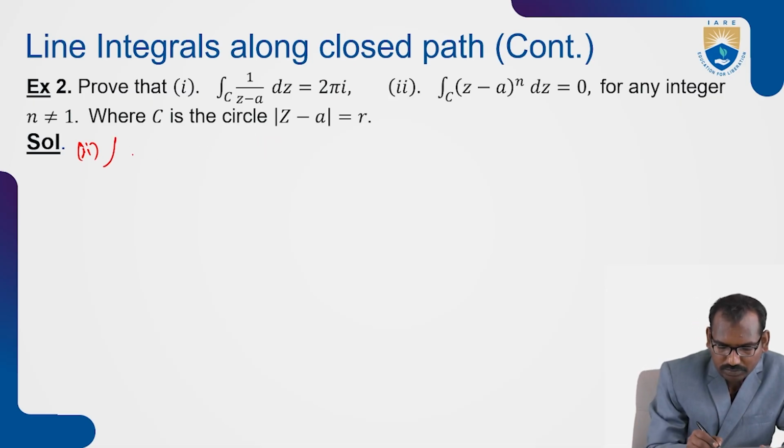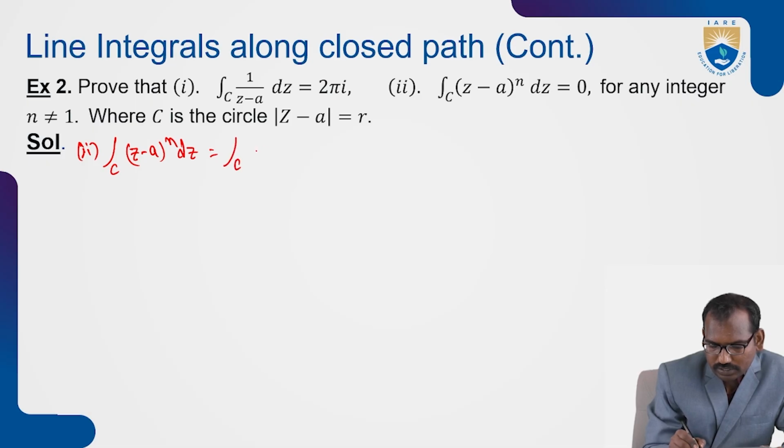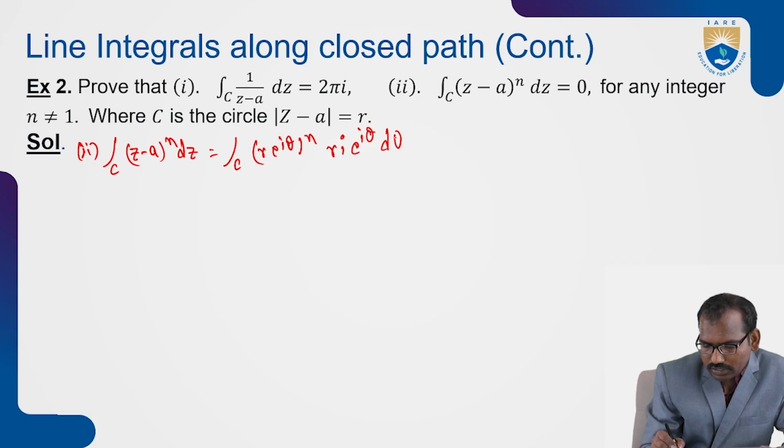So I have to evaluate the integral along C of (z minus a) whole power n dz. So it is the integration along C of (r e power i theta) whole power n, and dz is r i e power i theta d theta.